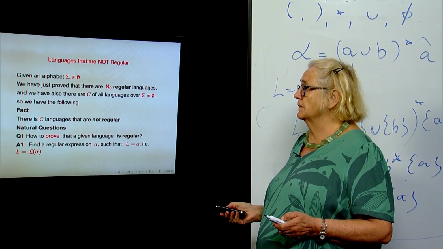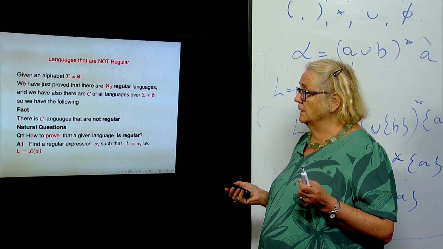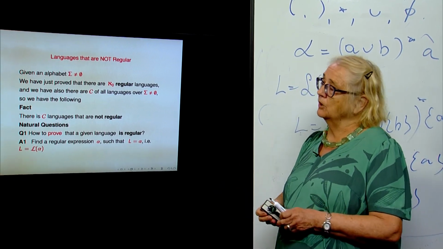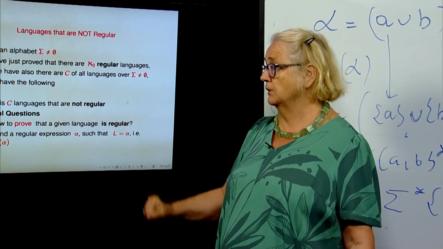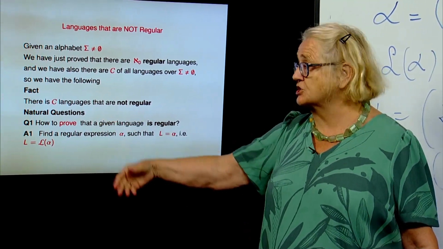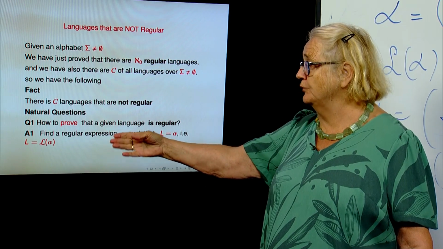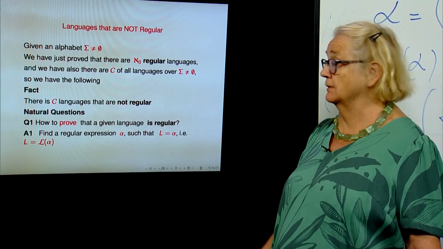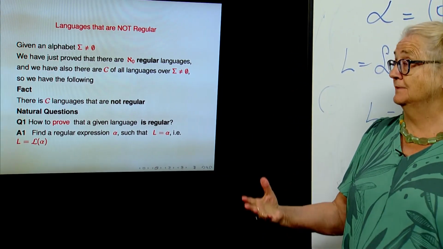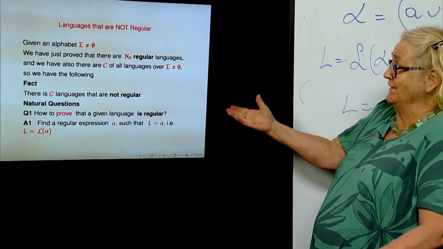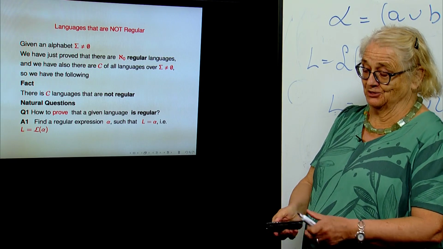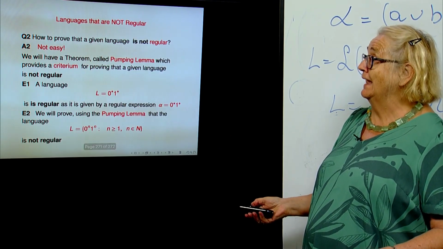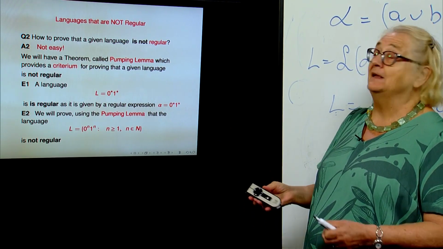So we know that there are continuum many, as many as real numbers, languages that are not regular. So we have a natural question: how to prove that a given language is regular. Easy. You find a regular expression. If you find a regular expression, you know that it is. How to prove it's not regular, that's not easy.